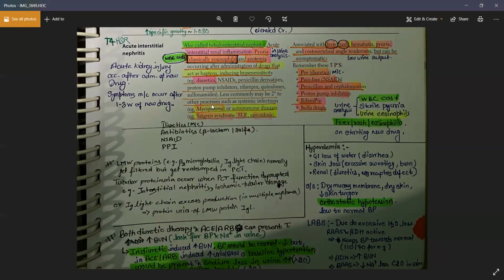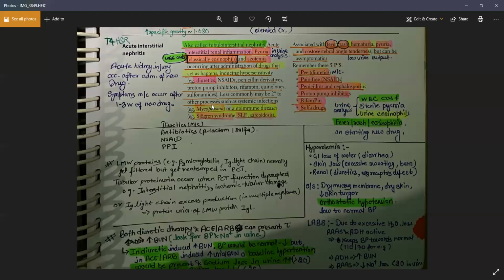But the kidney reabsorbs them completely, so you won't generally find these proteins in the urine. They could be found in your urine whenever you have an excessive amount of these proteins. For example, in multiple myeloma, you will have excessive light chains, and in that case you would have these proteins in the urine. And whenever you have any kind of damage to the tubules or your glomerulus, you can have the proteins again.